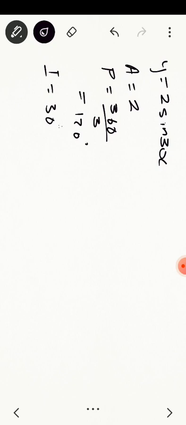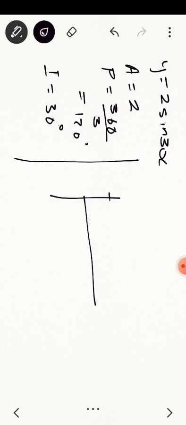So to sketch the function, we're going to have our amplitude first, which is 2 and minus 2, and then we're going to have our interval of 30, plus 30, that's 60, plus 30, that's 90, plus 30, that's going to give us 120.